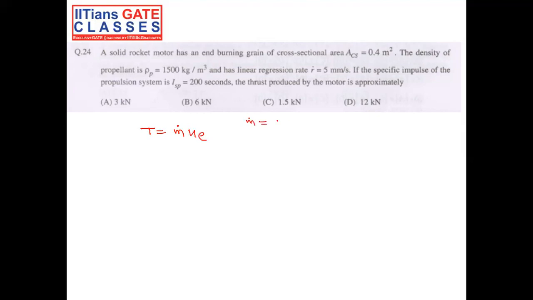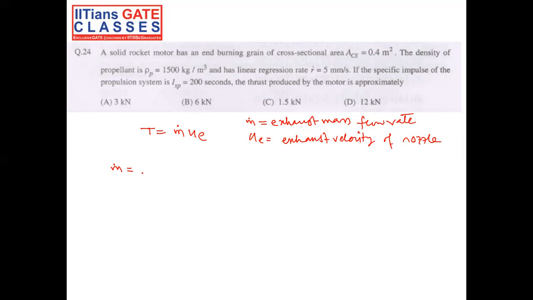m dot is the exhaust mass flow rate and UE is exhaust velocity of nozzle, right? Now this m dot, that is the exhaust mass flow rate, is nothing but the mass which is being burnt per second from the propellant, right?